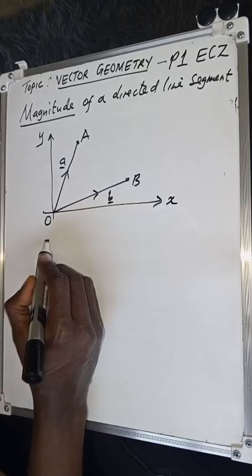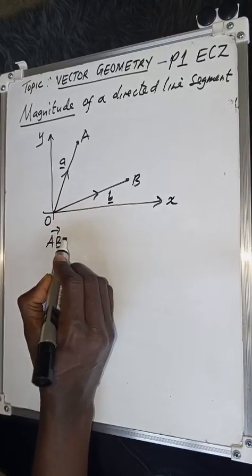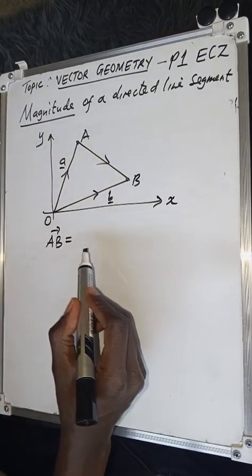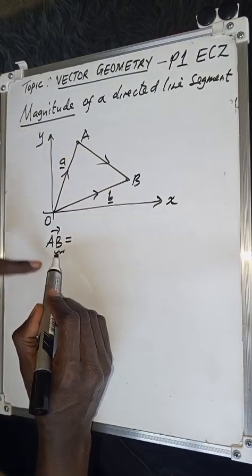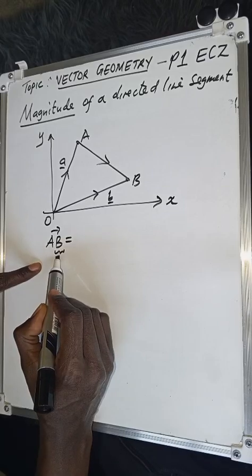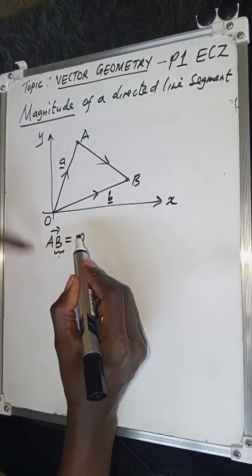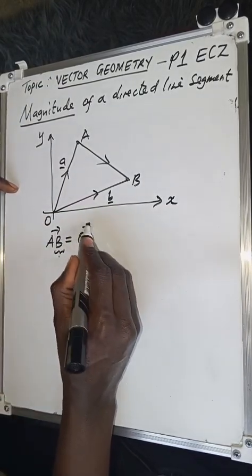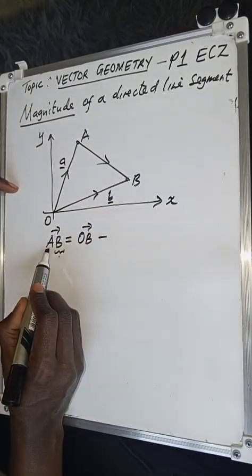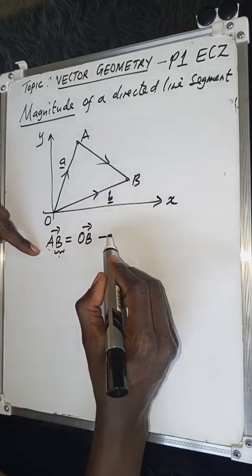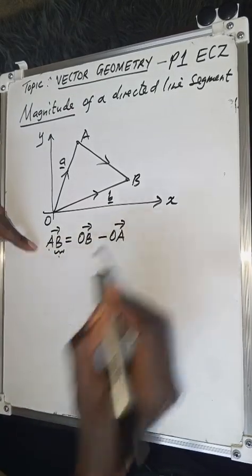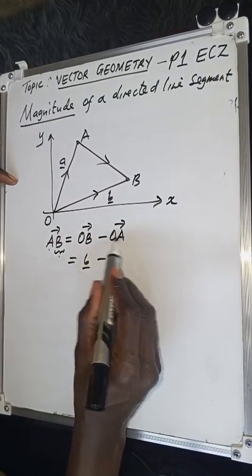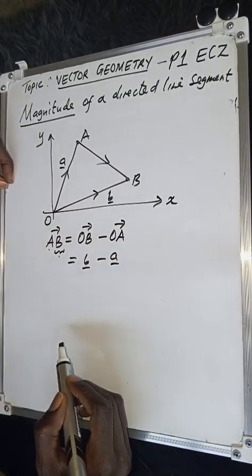If they tell you to find the vector AB, to move from A to B, we did mention that you can start with the one that is always positive. Because this is a position vector starting from the origin, I can start with that. So it will be OB minus OA. So vector OB is vector B, minus OA, which is simply vector A.